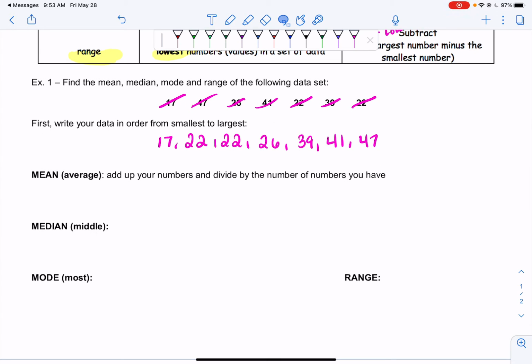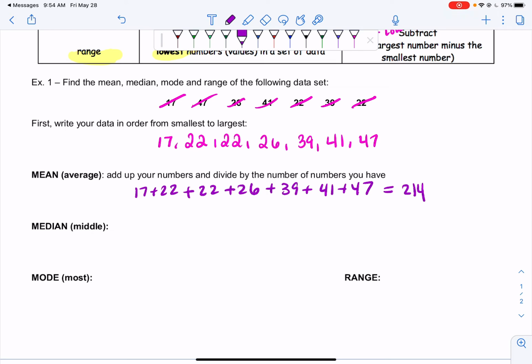Your mean: add up your numbers and divide by the number of numbers you have. So we're going to add up each of these numbers: 17 plus 22 plus 22 plus 26 plus 39 plus 41 plus 47. When we type that into our calculator, we get 214.